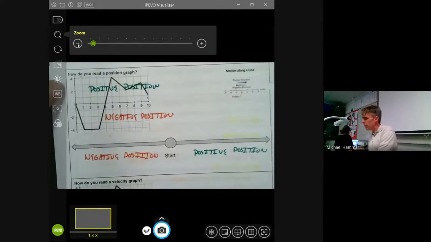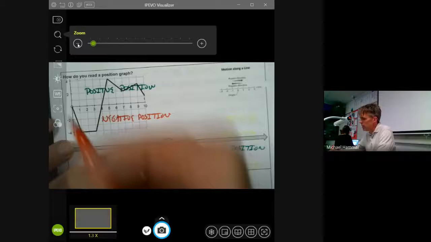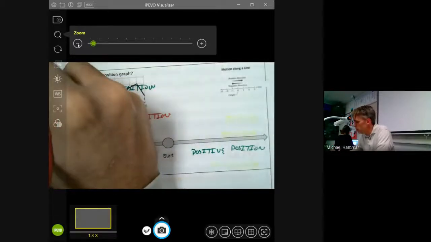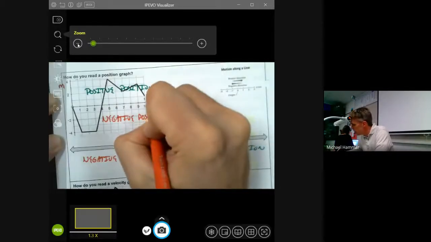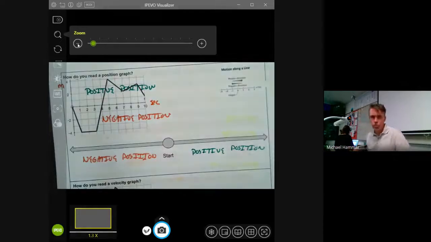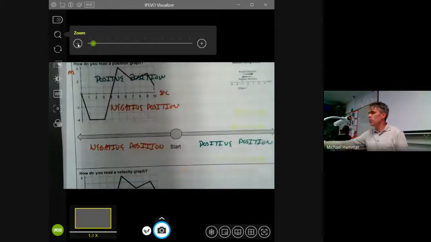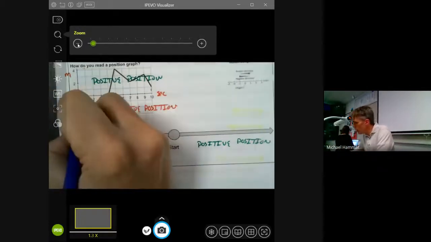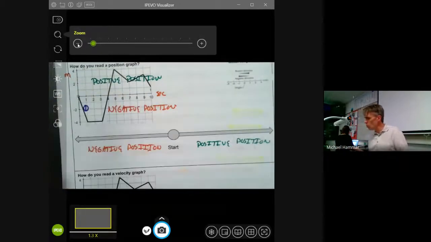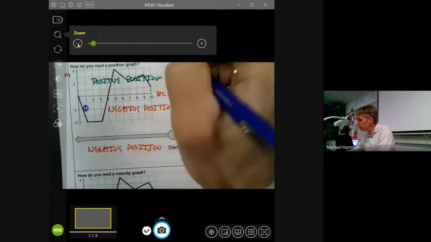Okay, so we have a position graph. So let's just give this a label of meters here, and let's give this seconds here, so we can work with this. So take a look at what's going to happen. Let's talk about each section as we go through this. So let's start with section number 1. It's this section. What is that object doing?